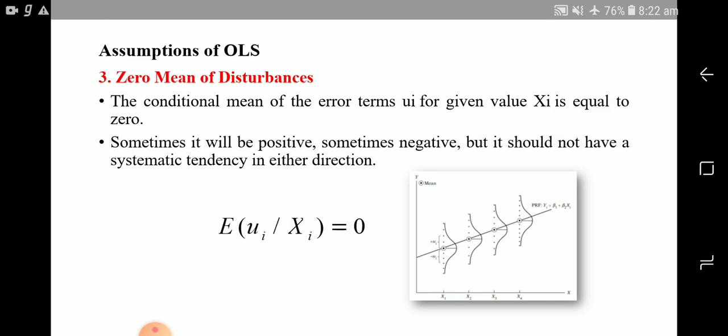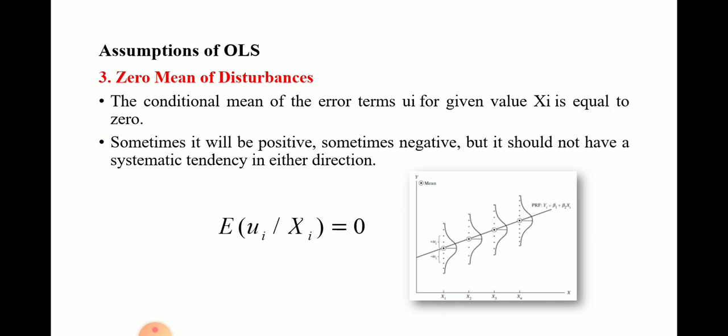You can express this mathematically as the expectation of ui given xi is equal to 0. That means the average value of ui for a given level of income, or x, should be equal to 0. Looking at the graph, the regression line passes through the conditional mean values.